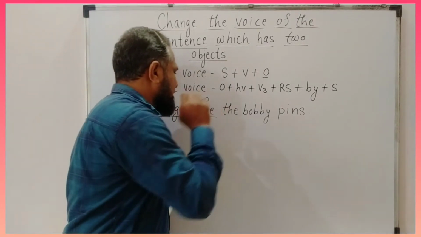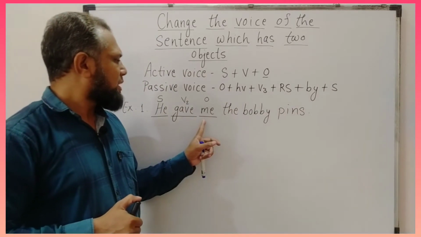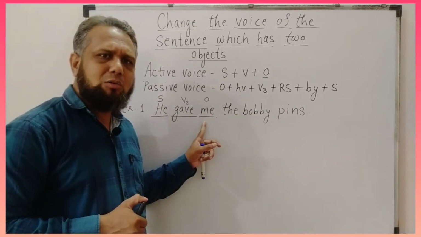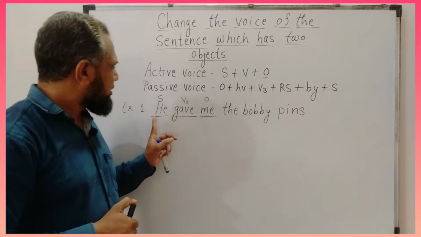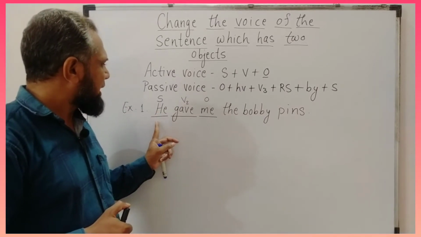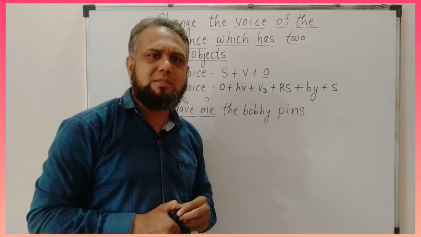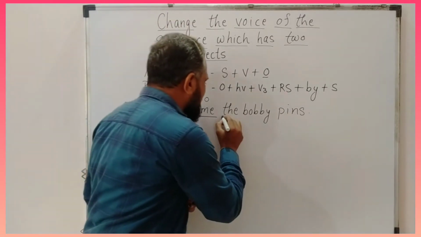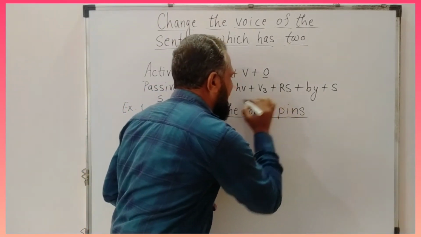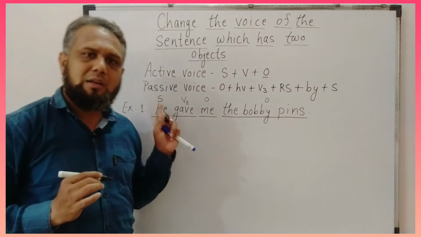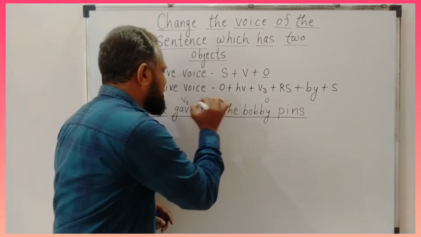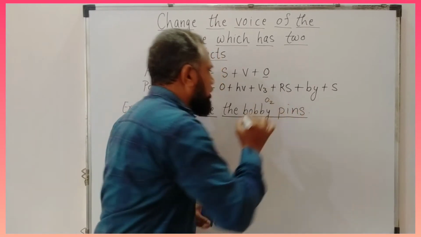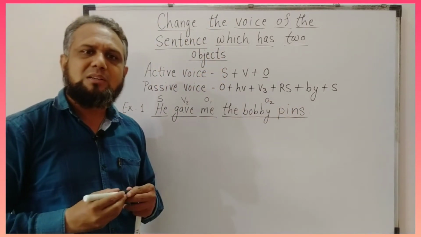But if we pick out this me, the sentence will remain: he gave the bobby pins. Now this sentence is also a complete sentence, therefore it will also be an object. Now we have got two objects in this sentence.